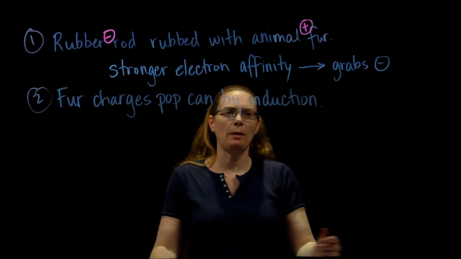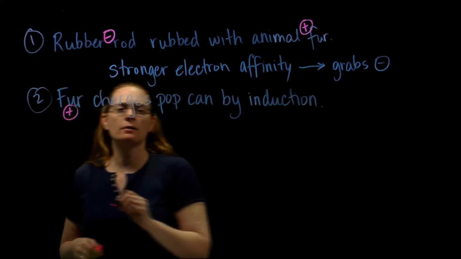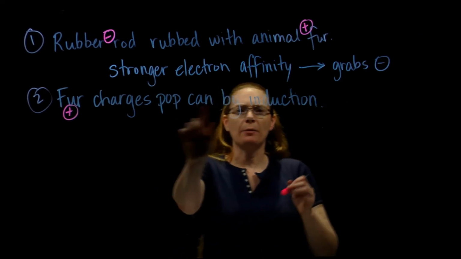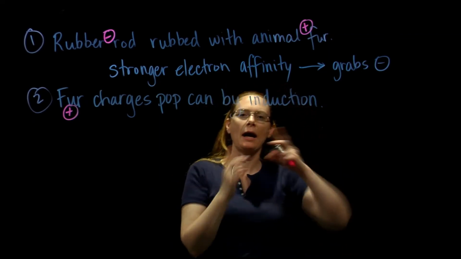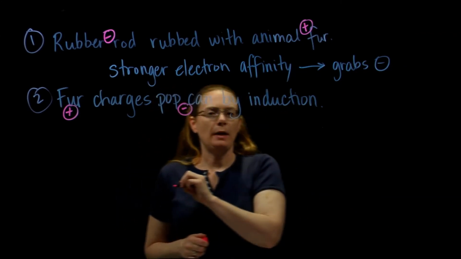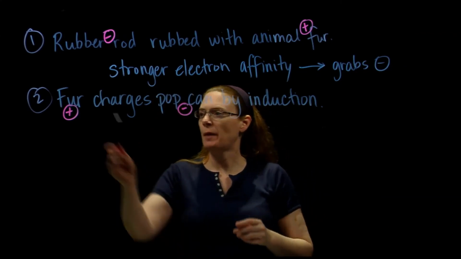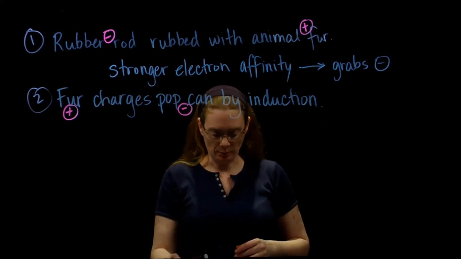What does that mean the pop can is going to get? Well, the fur was positive. So we have a positive animal fur, and it's charging a pop can by induction. Induction is the one where we get the opposite sign. So the pop can is going to become negative. So we have positive fur inducing a negative charge on the pop can.